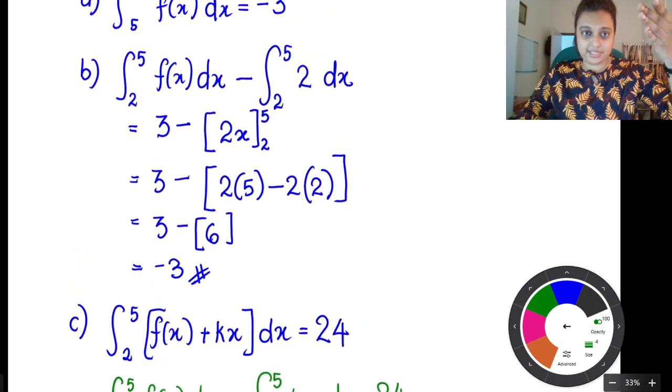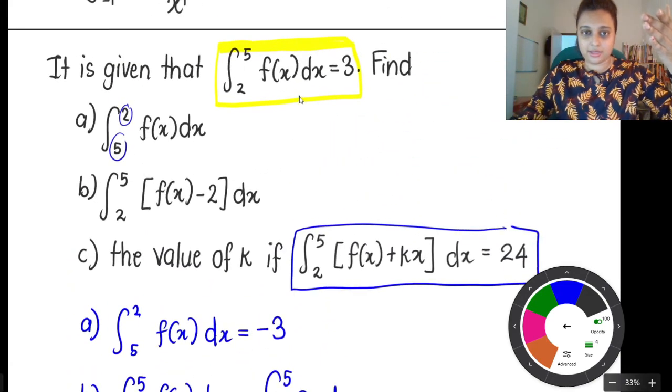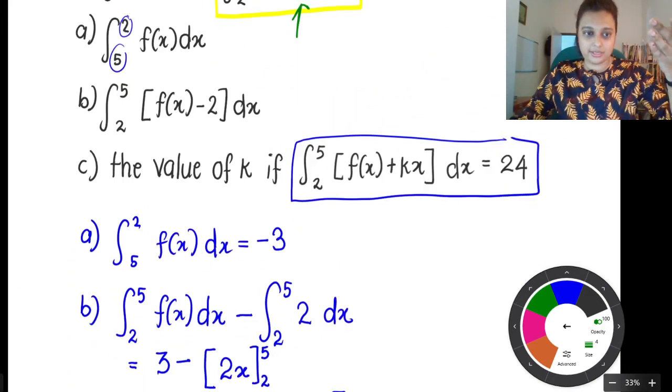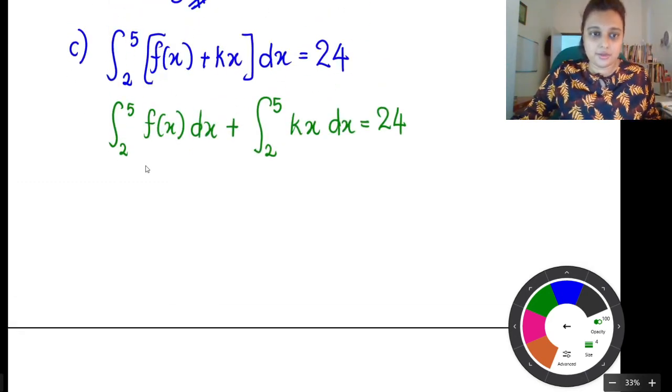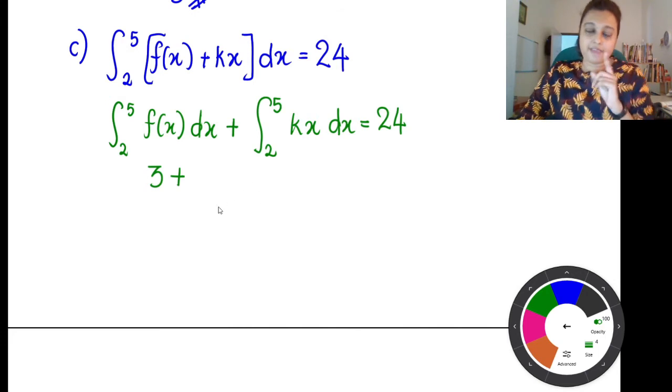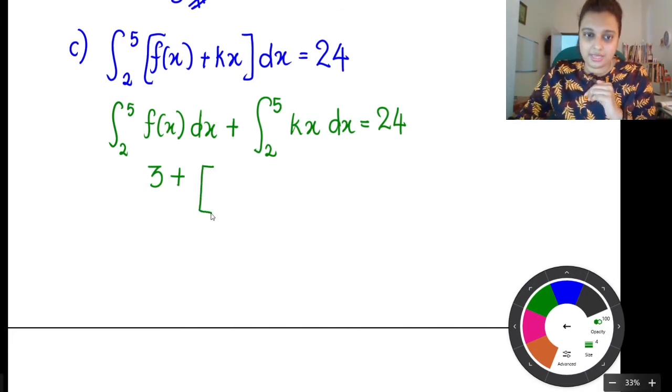The integral from 2 to 5 of f(x) is given, right? So I'm going to write 3 over here. 3 plus. Now we have the integration of kx, so the x will become x square over 2.